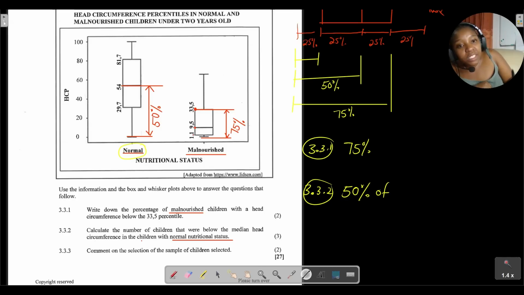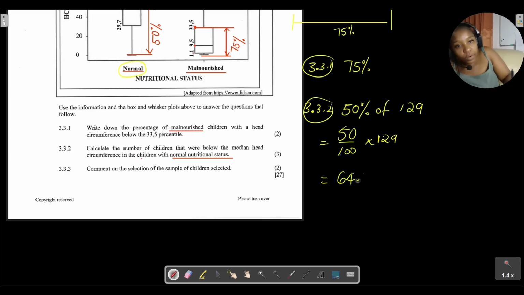It's going to be 50% of 129. So 50 divided by 100, multiplied by 129. How much do we get? 64.5.